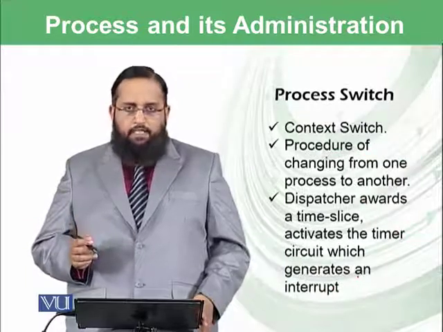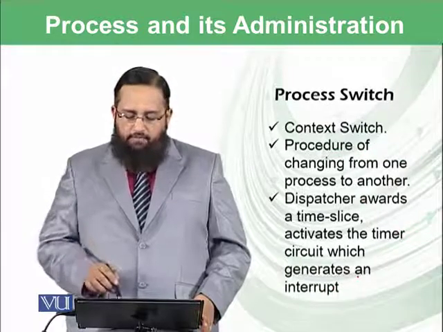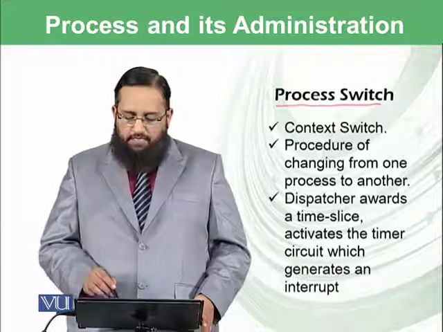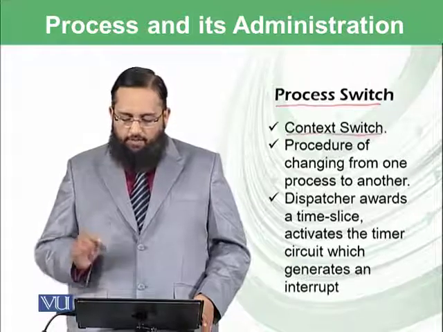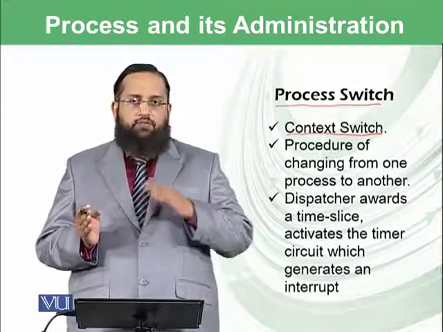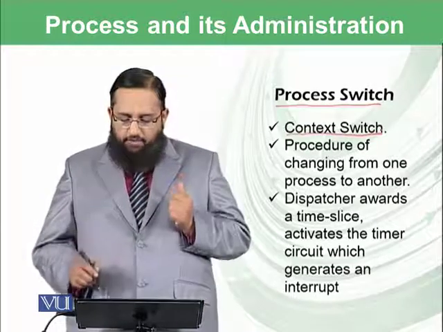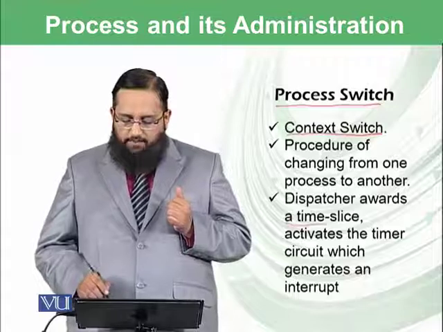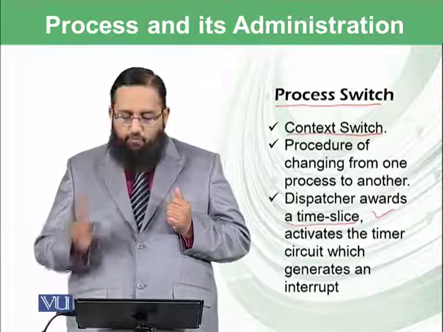So how is it done? There is a term known as process switch, or sometimes it is called context switch. It is a procedure of changing from one process to another process. The dispatcher awards a time slice to one process.